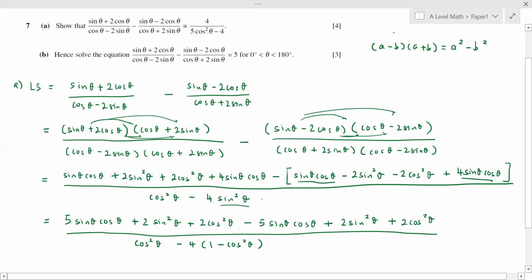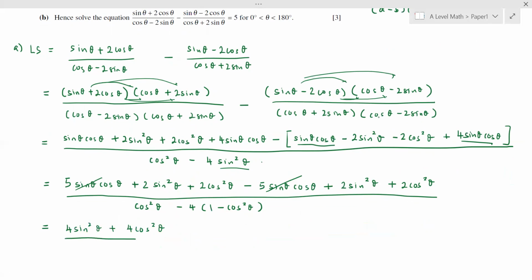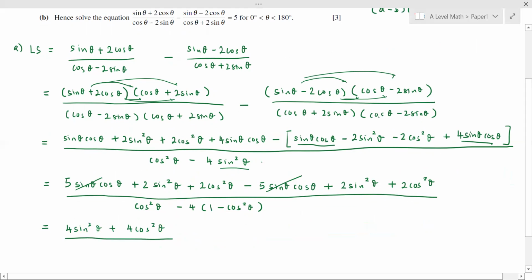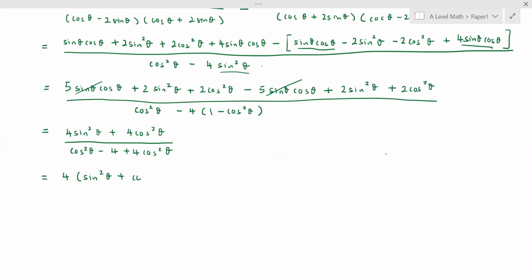And then let's look at the numerator. 5 sine theta cos theta, these two cancel, and what is left is we have 4 sine squared theta plus 4 cosine squared theta, and in the denominator we have cos squared theta minus 4 plus 4 cos squared theta. Now in the numerator, we can factor out the 4. We have sine square plus cos square.